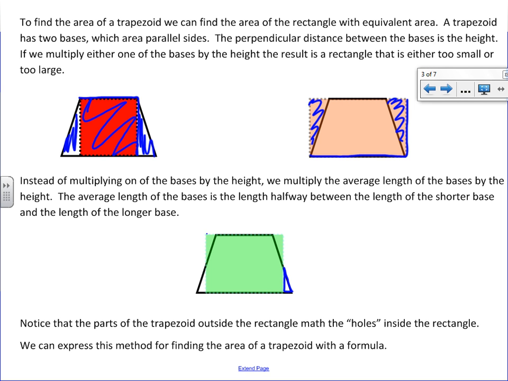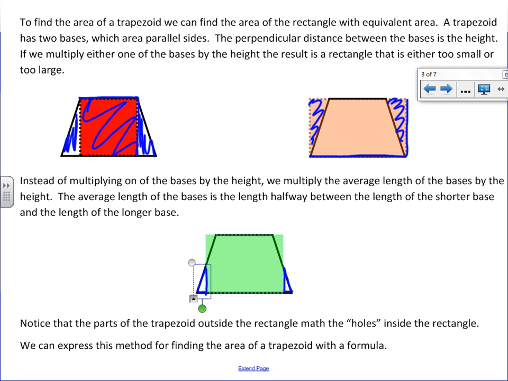And if I took this little piece that's left out to the side over here, flipped it, turned it around, and moved it to this piece here, then that fits that hole. So it has to be an average, right in between. Notice the parts of the trapezoid outside the rectangle match the holes inside the rectangle.